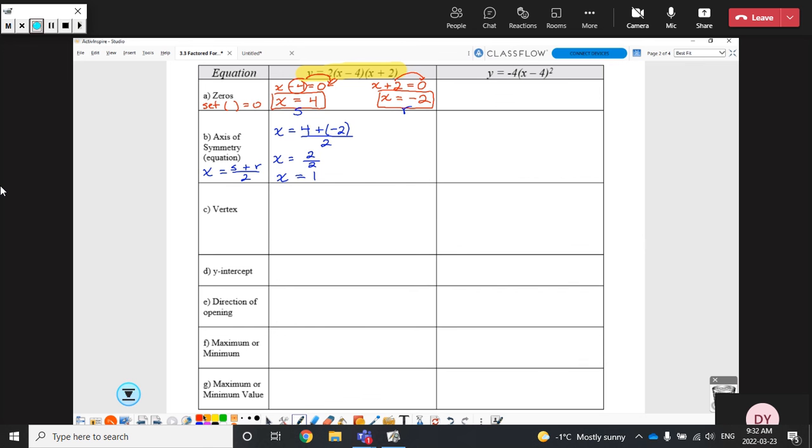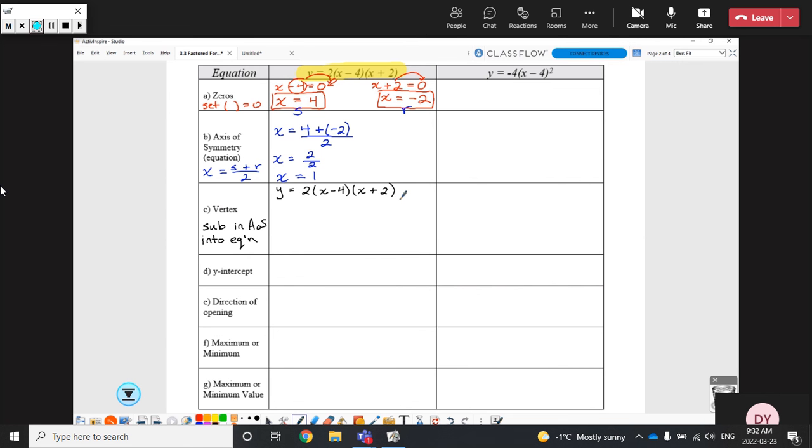So maybe we can write a little note here: sub in axis of symmetry into equation. So our equation here is y equals 2 bracket x minus 4, x plus 2.